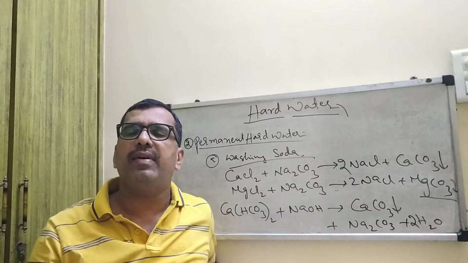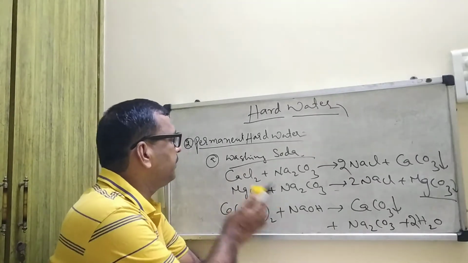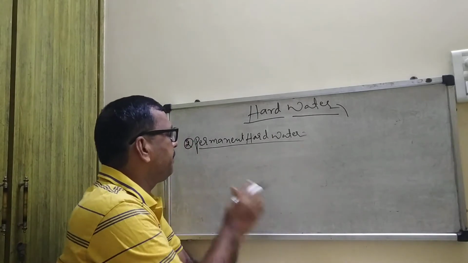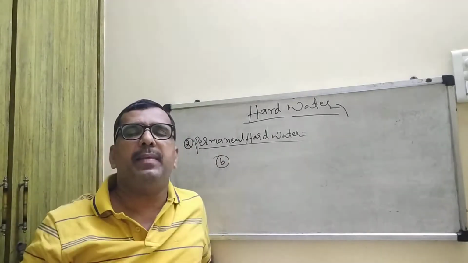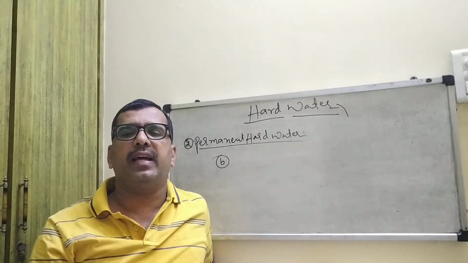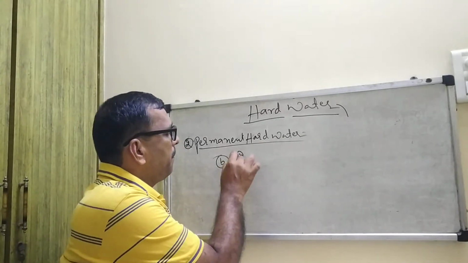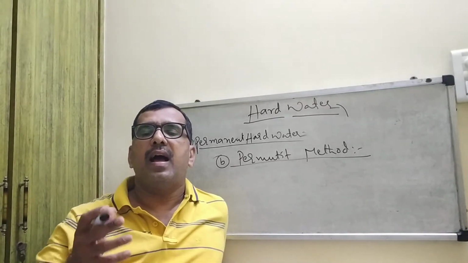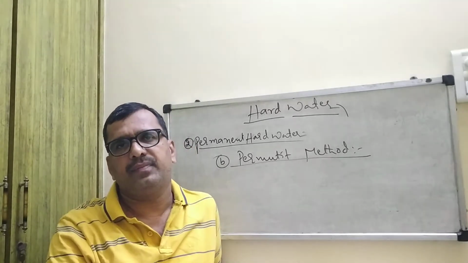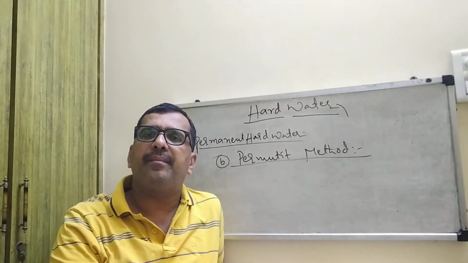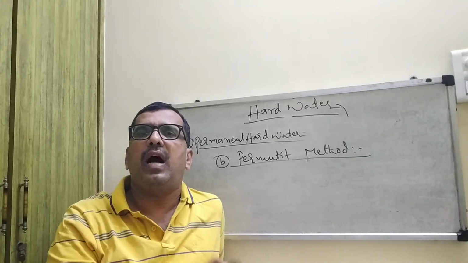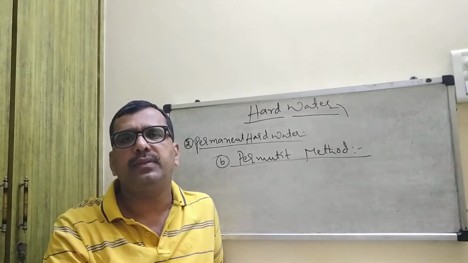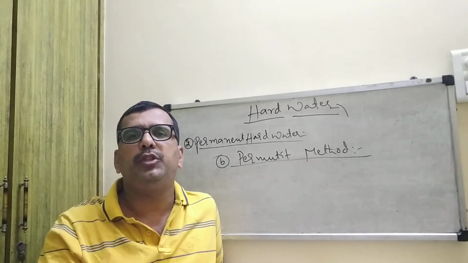Next is the permutit process. How to remove hard water? The second method for the removal of hardness of water is this: when artificial zeolite is added to hard water, it reacts with calcium and magnesium salts to form calcium zeolite.